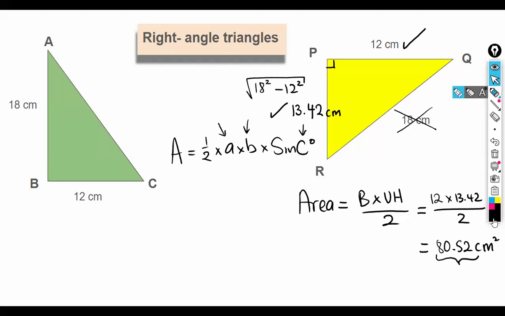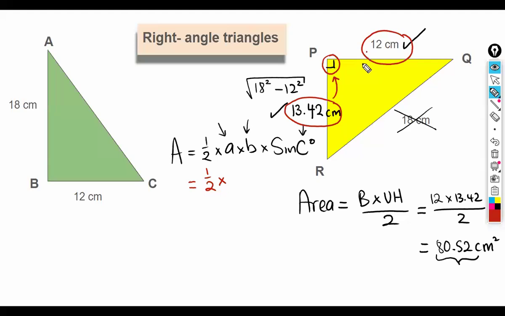Let's see if we get the same answer. A lot of people are telling me they're getting the same exact answer. That's good news. The two correct sides to choose are the 12 and the 13.42, because the only angle we have right now is the 90 degrees. So we have to choose the two sides that are bordering the 90.